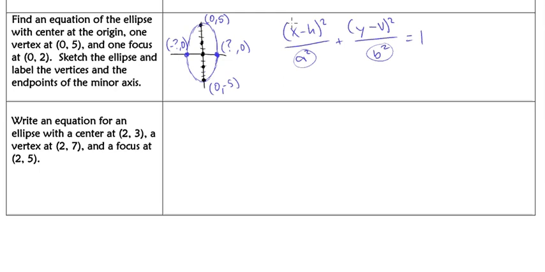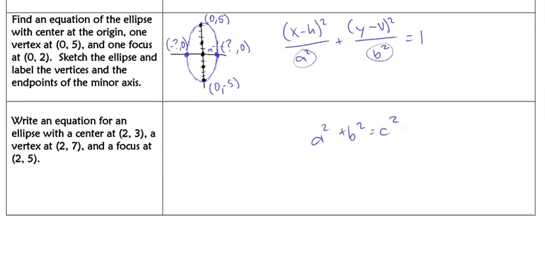Let's fill in the pieces we know. The distance on the minor axis from the center to the vertices, the endpoints, let's call it a, or however we want to do it, but the shorter one. So a squared plus b squared equals c squared.